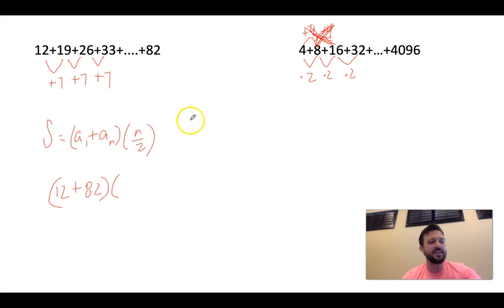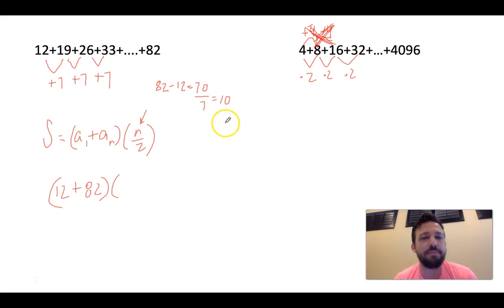This is where I think some people might make a mistake. To find the number of terms, you do 82 minus 12, and that's going to give us 70. Then you divide by your difference, and that's going to give us 10.